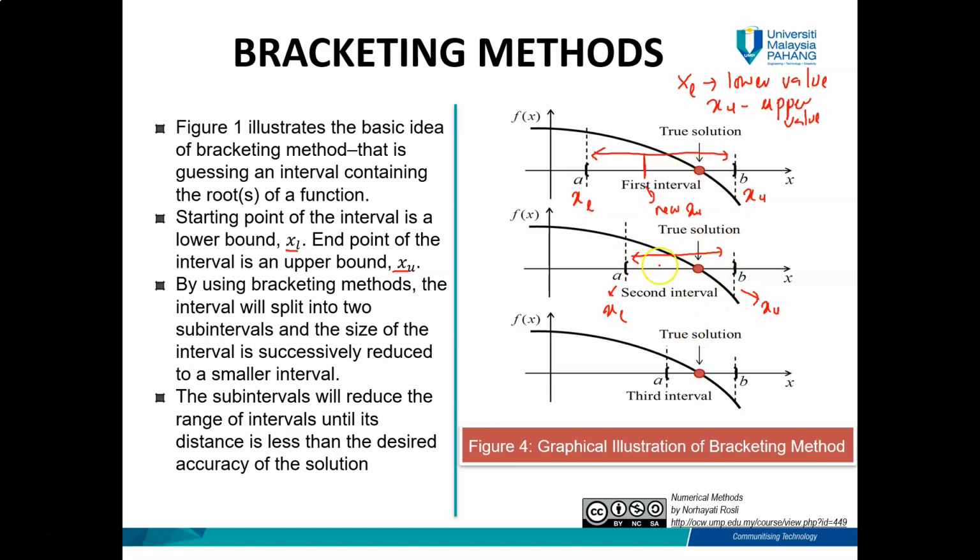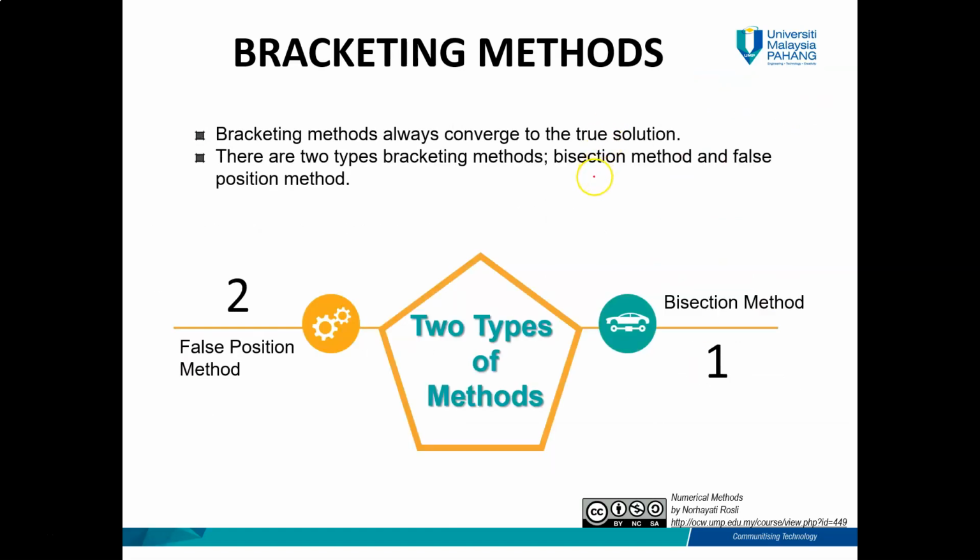And for the third iteration, again, this one will be divided into half, and maybe this one is your new XL. So for the third iteration, you have an interval which becomes much smaller compared to the second iteration. The advantage of the bracketing method is that it always converges to the true solution.